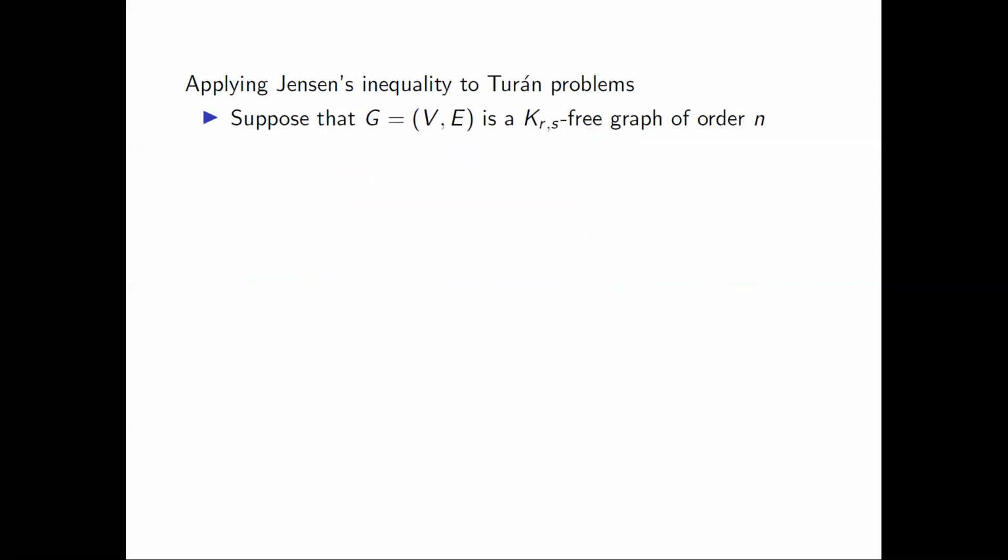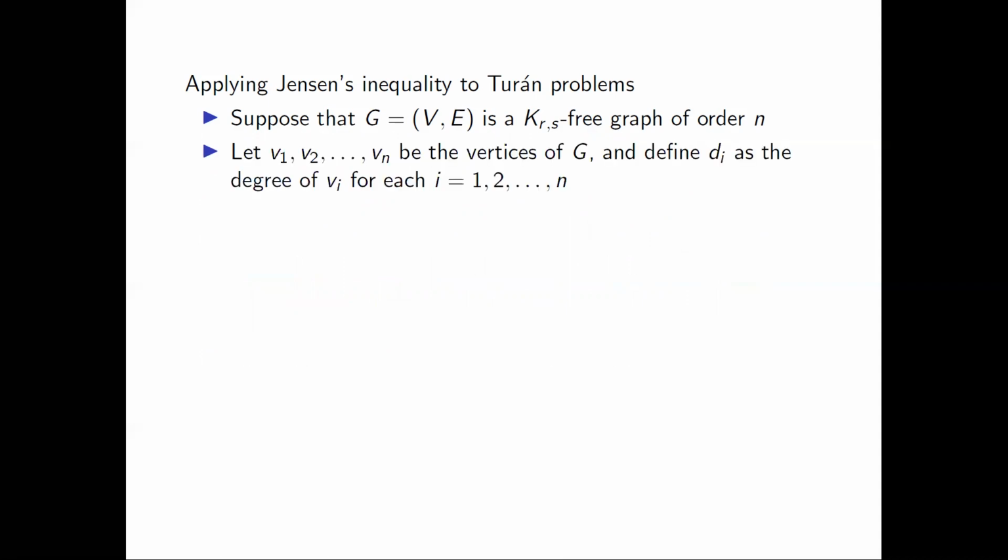So let's prove the bound that we claimed is true. We'll suppose that we have some graph G, which has vertex set V and edge set E, and G is K_{R,S} free, and G has n vertices.